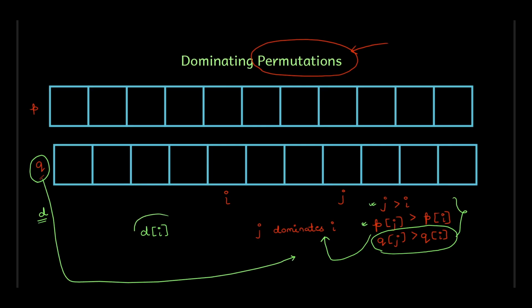You are given another array Di, where D of I represents the number of indices that dominate I. So you have to reverse engineer the permutation Q such that for each index I, the number of indices that dominate I is equal to Di.